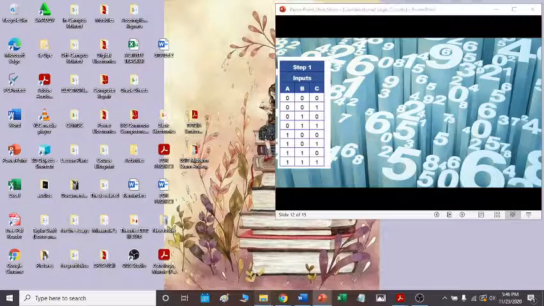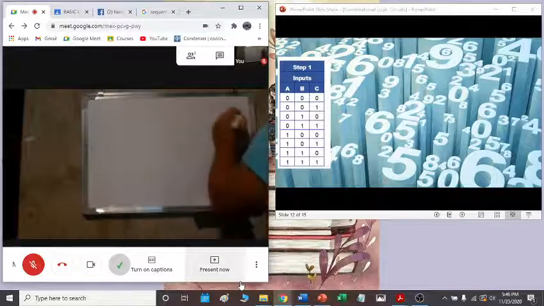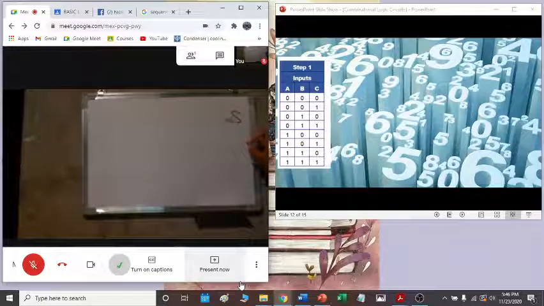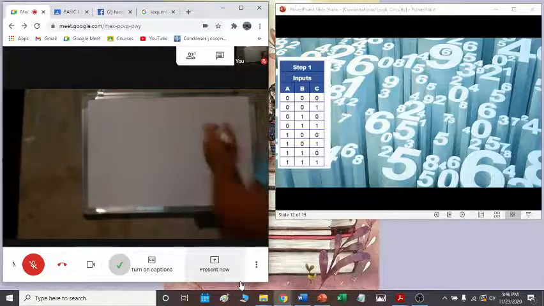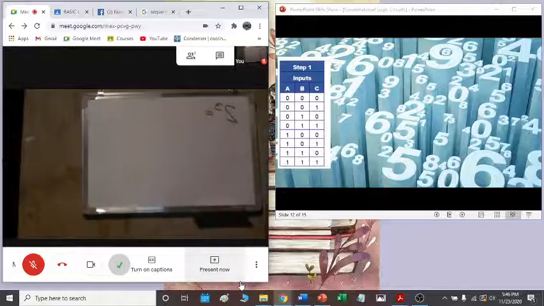Okay, so step 1 is of course to put in the table, the truth table, all the possible combinations. Since we have 3 inputs, two to the power of 3 is equal to 8.